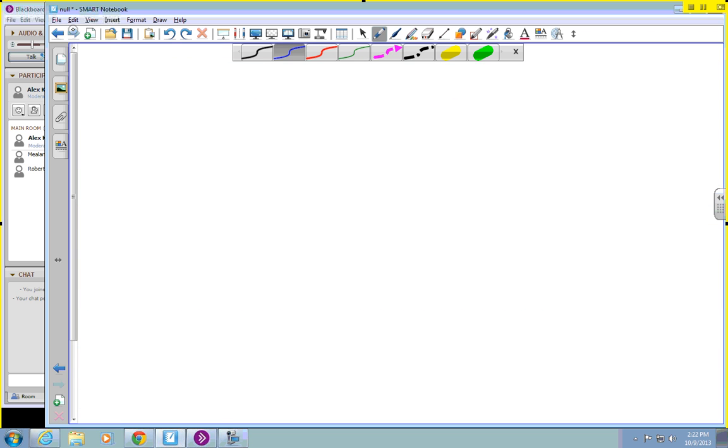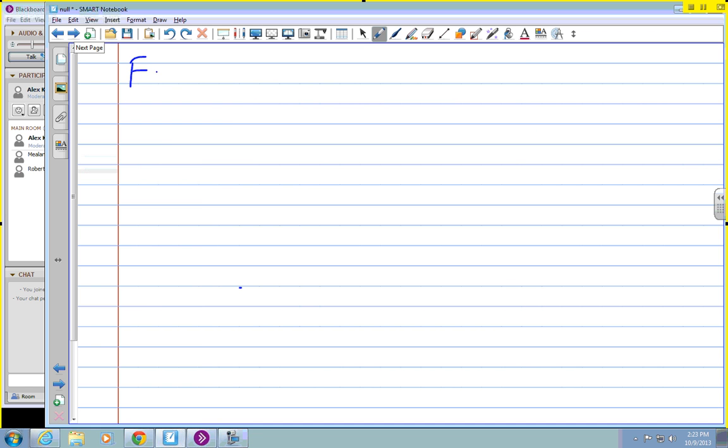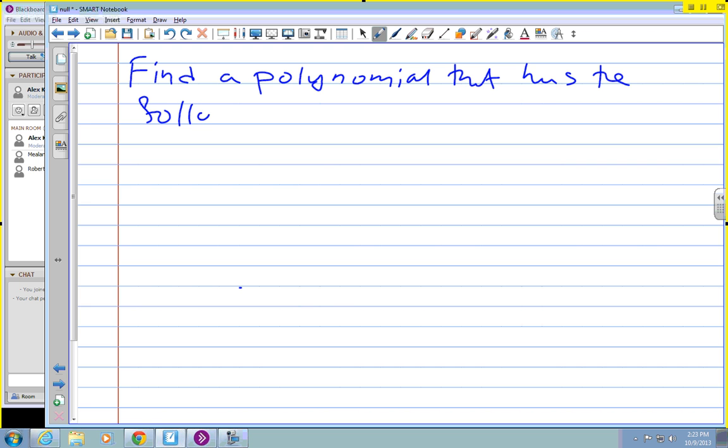Okay, so I want to do this example. Find a polynomial that has the following zeros. x equals 2, x equals negative 3, and x equals 1.